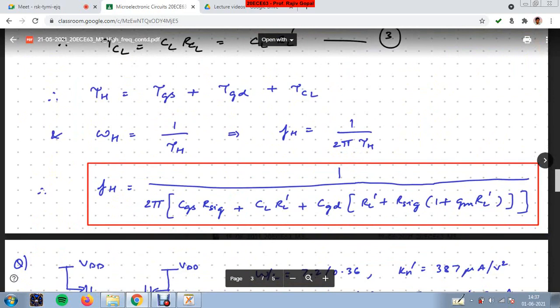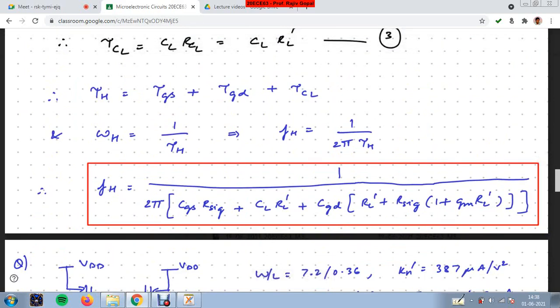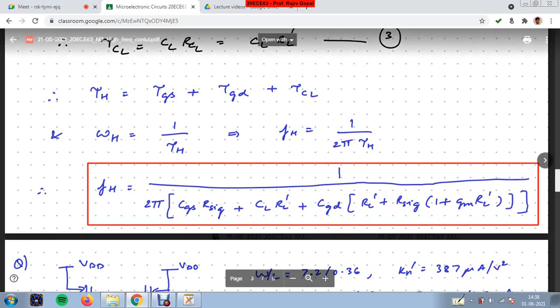From this I find FH, which is 1 by 2 pi into the sum of all those time constants. So open circuit time constant is for finding cutoff frequencies, right? It's not for finding R out. Is it understood? Okay.